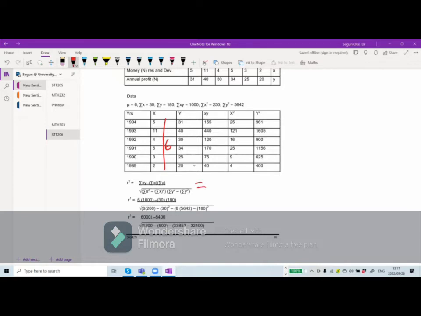When you are writing it, N summation XY minus summation X summation Y, divided by the square root of the big bracket here. That's why I asked us to come here.